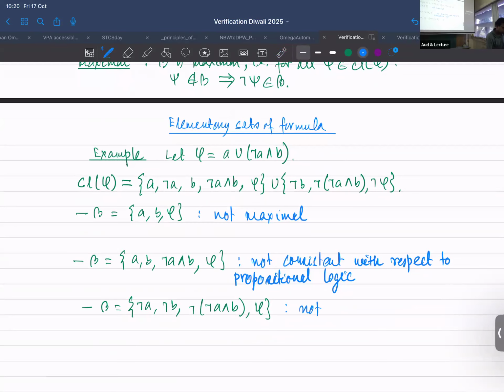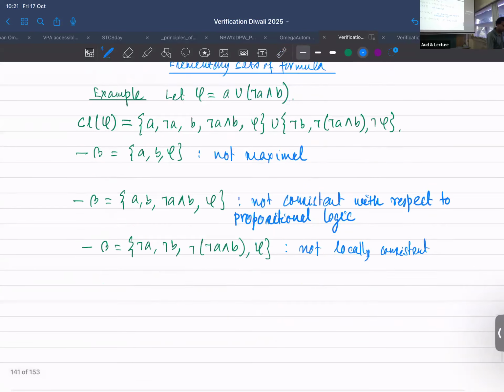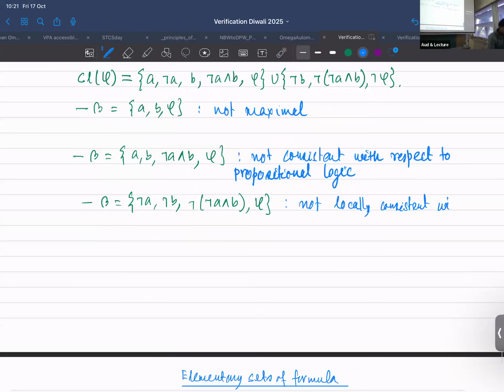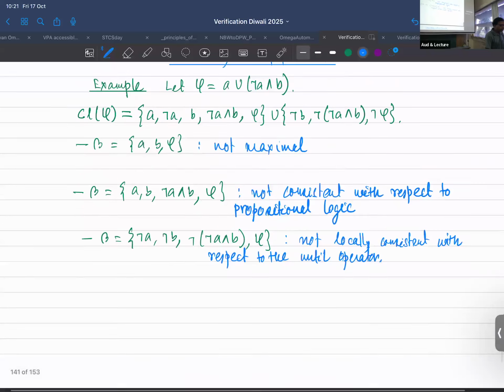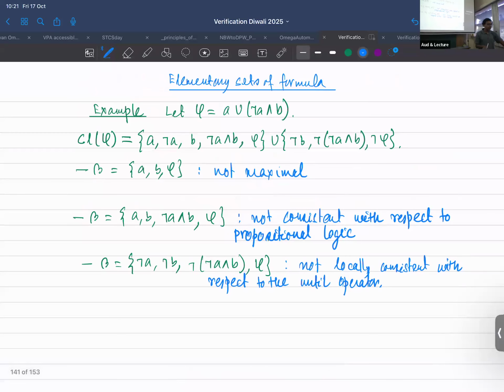Oh, right, I think you meant that. Yeah. What it is called is that it's not locally consistent with respect to the until operator. Okay. So all these examples, we say that they are not elementary sets. Clear?